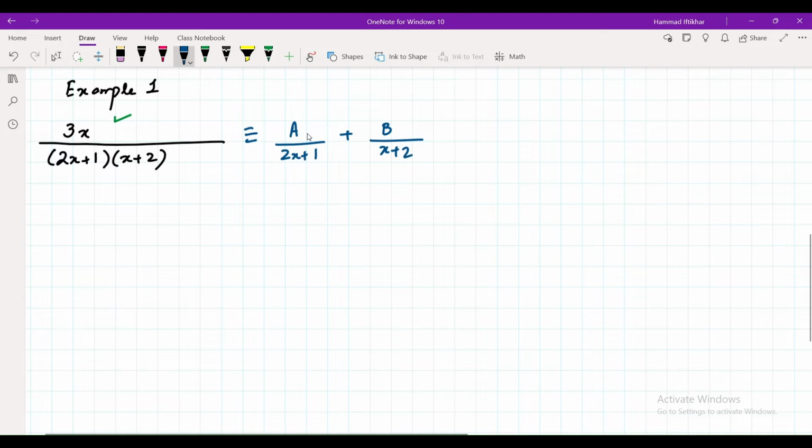Now, since we have two unknowns A and B, we need two separate conditions to find them. Two unknowns, two conditions. Just like simultaneous equations, if we have two unknowns, we need two equations. Three unknowns, three equations. Solving them can be done in many different ways.